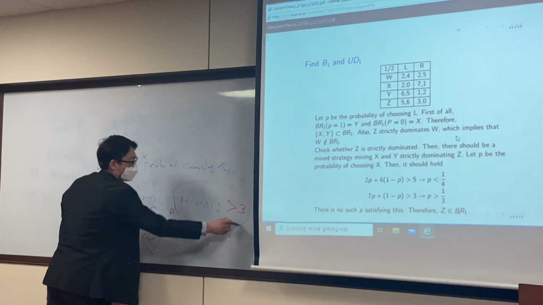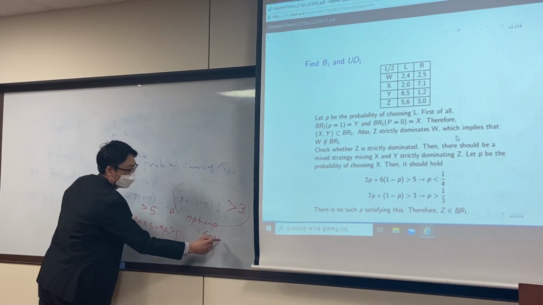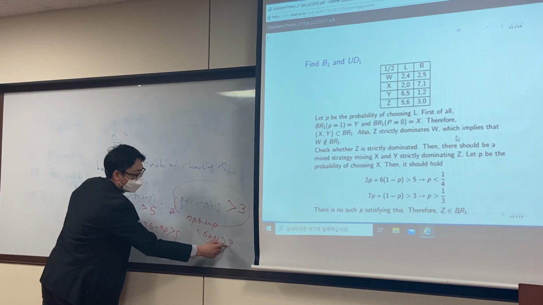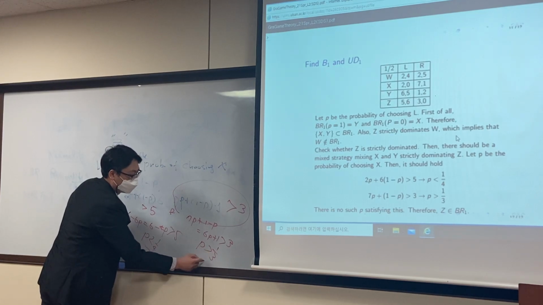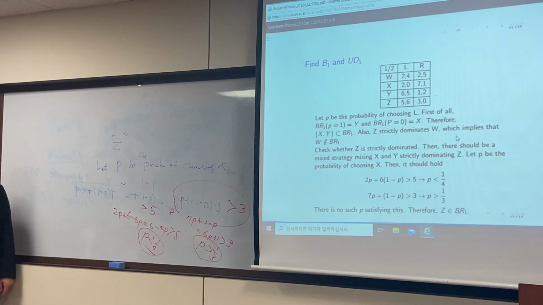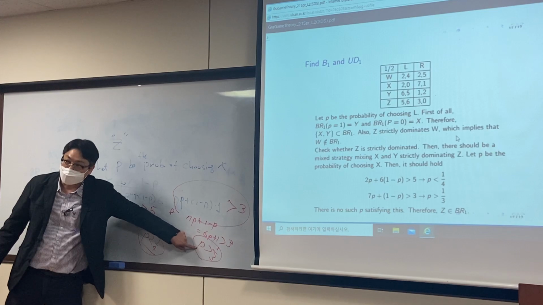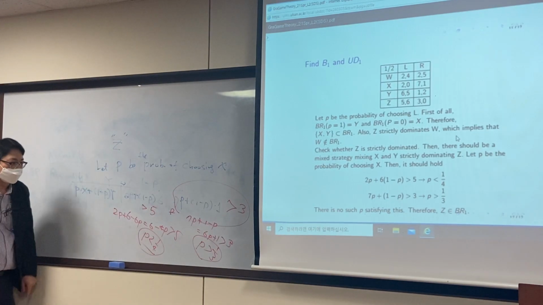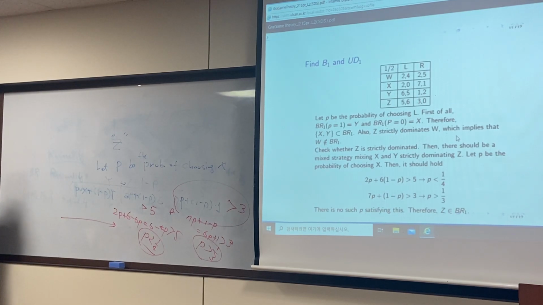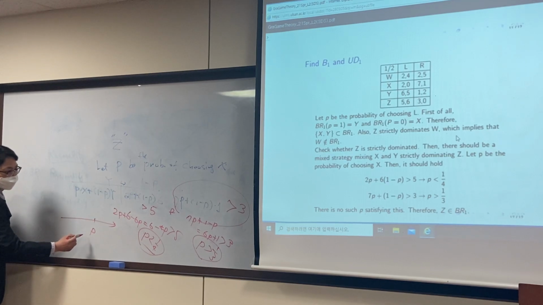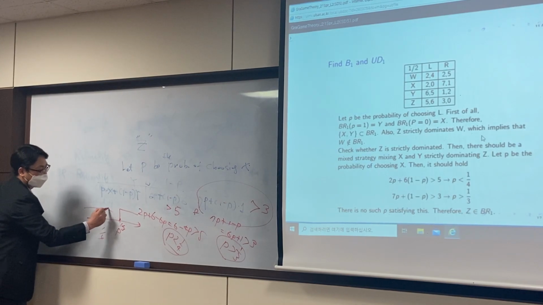And here, solving 7P plus 1 minus P, which equals 6P plus 1, greater than 3, P should be greater than 1/3. If there is an interval of P satisfying those two inequalities, the strategy is strictly dominated. But you can see that there is no such P: greater than 1/3 and less than 1/4? Ta-da!